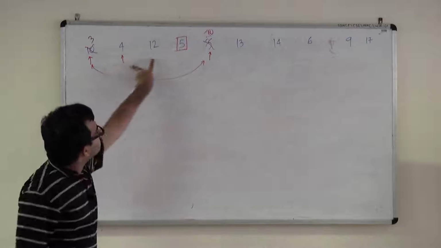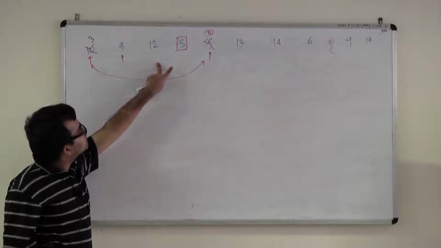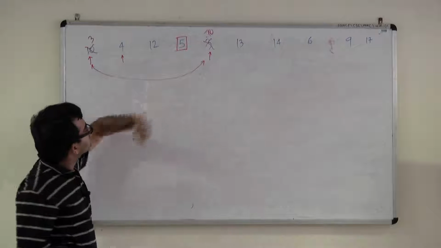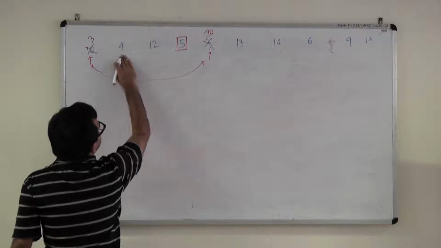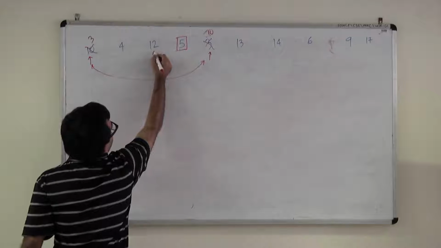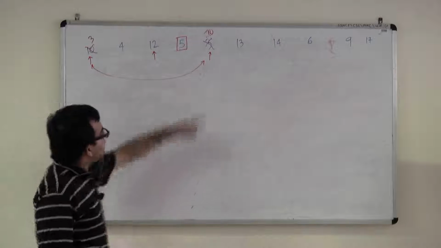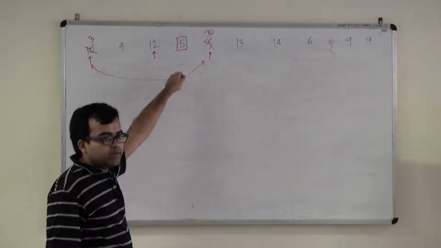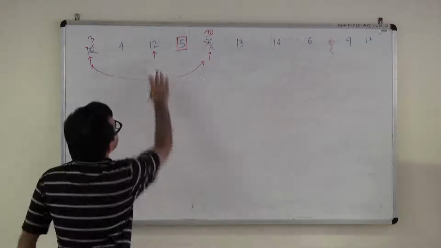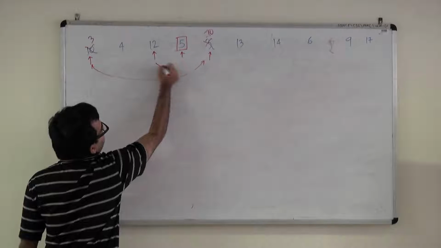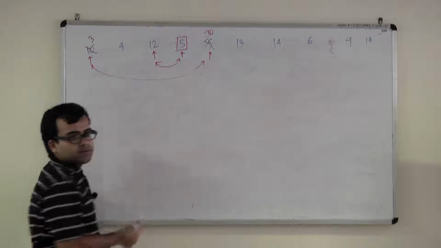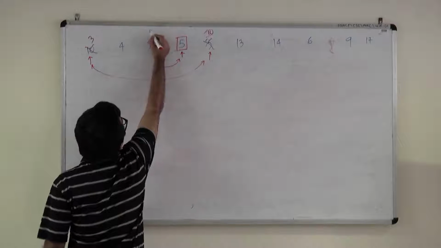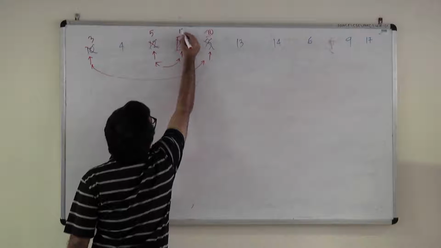Now in this range, is there any number that is larger than 5? 12. Now toward the right of 5, is there any number? No, right? So you have 12 here and 5 here, just swap 12 and 5. Okay. So now this becomes 5, this becomes 12.